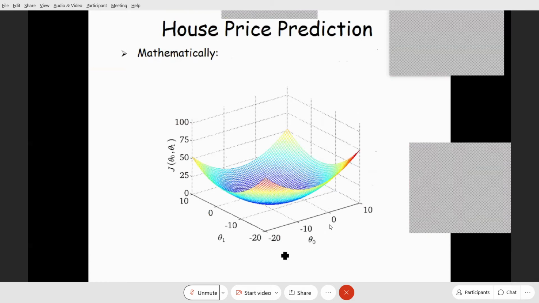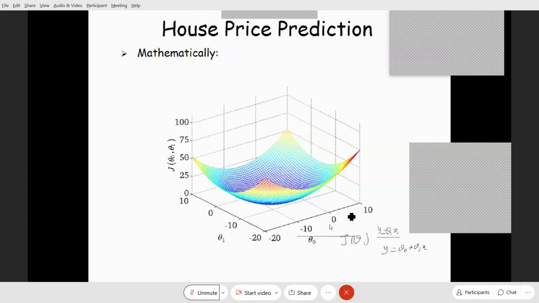The reason being that this is theta 0, this is theta 1, because I changed my equation to theta 1 only, therefore I had only one variable to estimate. I said that my y is equal to theta 1 x, so I had only one variable, but the real equation is theta 0 plus theta 1 x, so I have two variables now.